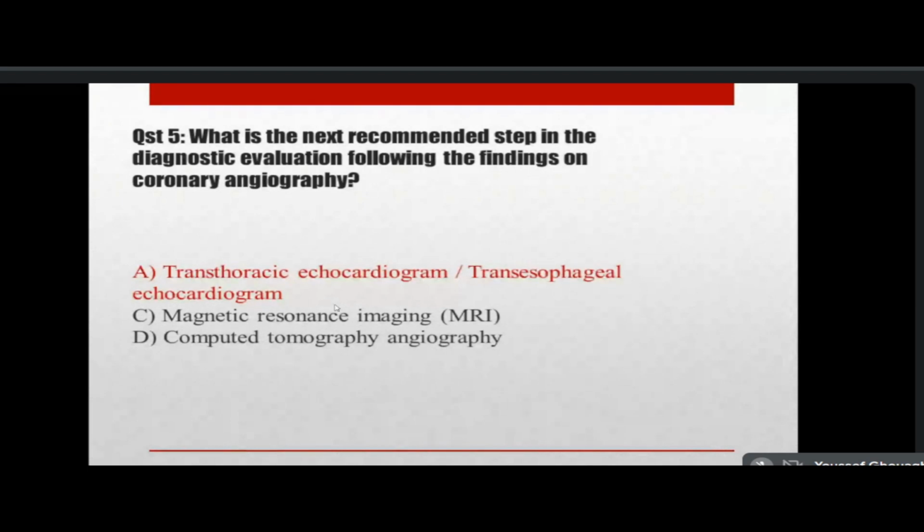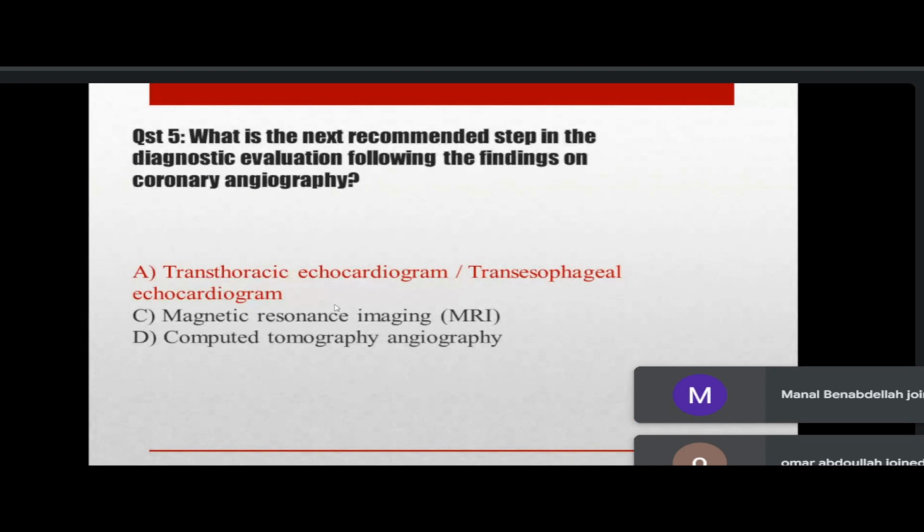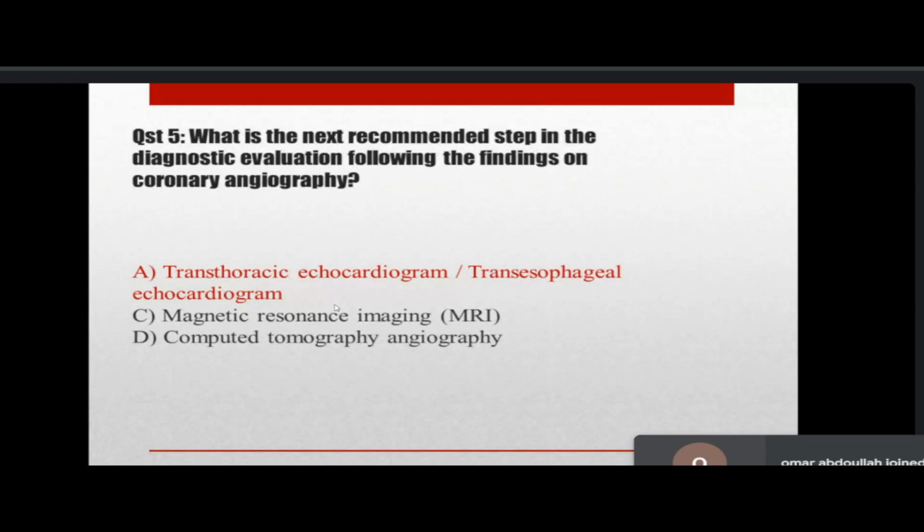We must go step by step. We used the coronary angiography. We found that we have an abnormal neovascularization, but we must have a detailed imaging of the cardiac structure. So we will use the transthoracic echocardiogram and the transesophageal echocardiogram in the next step.